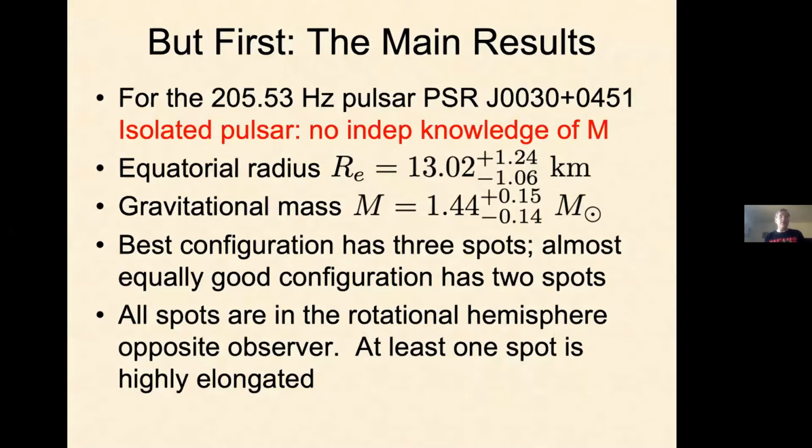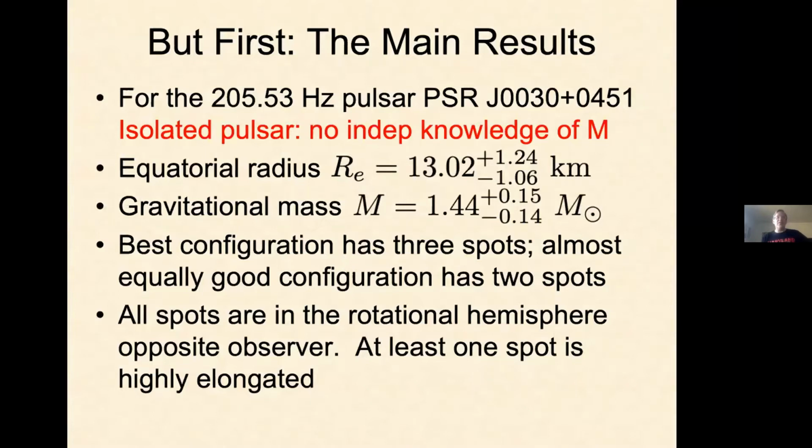The best configuration we find has 3 spots. By best, I mean in a Bayesian evidence sense, but there is a very close approximation to that evidence for a 2-spot configuration. Something that is remarkable and was a surprise to a lot of people is that what our work found, and the other group as well, is that all of the spots are in the rotational hemisphere opposite us, the observer.